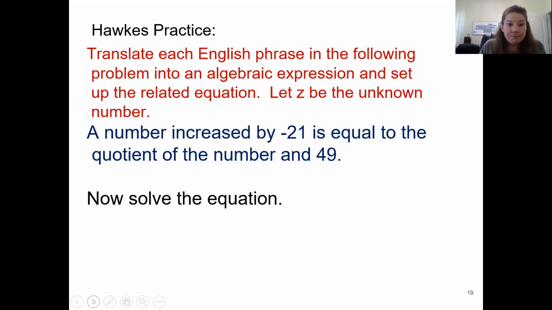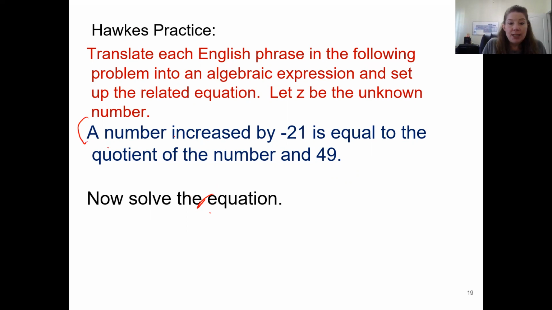All righty. Let's look at this one. This is straight from Hawks. It says, translate this English phrase, let Z be the unknown number. This, like I said, is straight from Hawks, so it tells you what your variable should be. It says a number increased by negative 21 is equal to the quotient of the same number and 49. So let's start with a number, where's my pen?